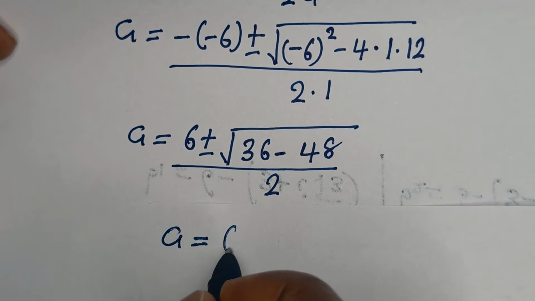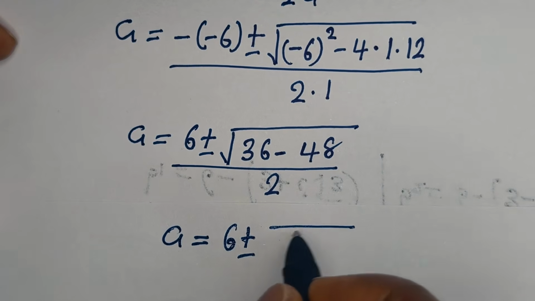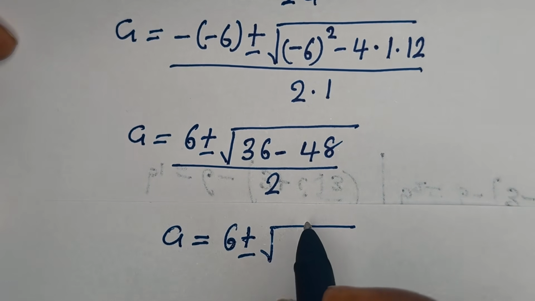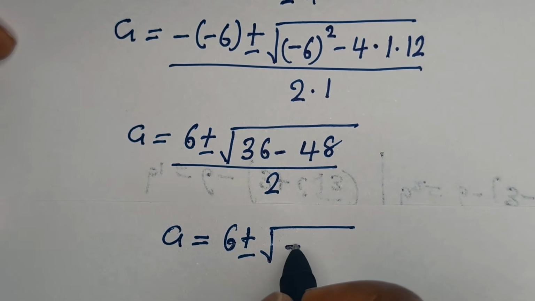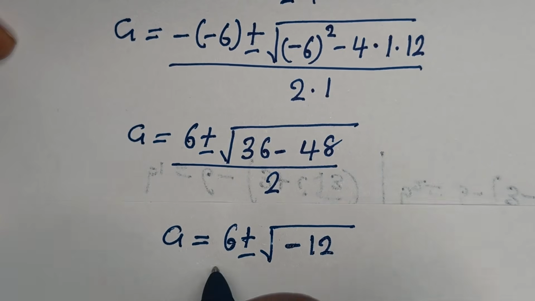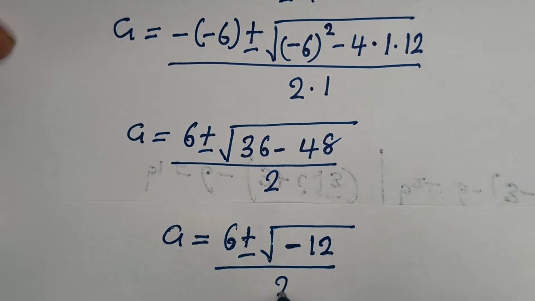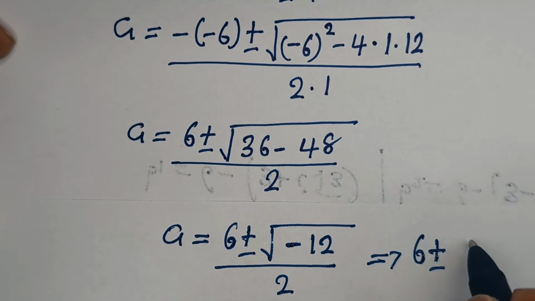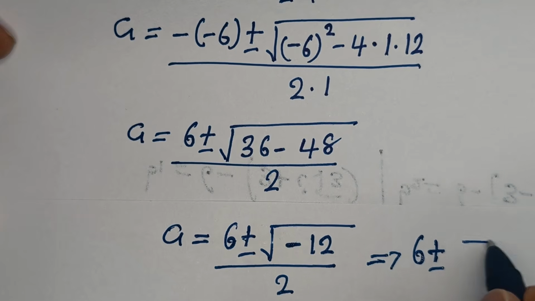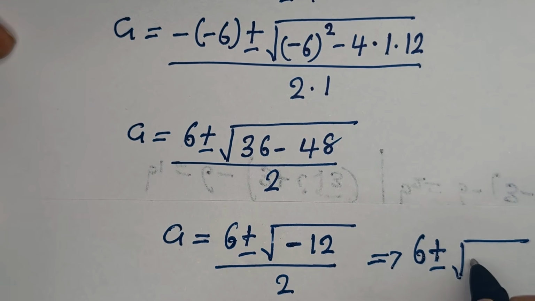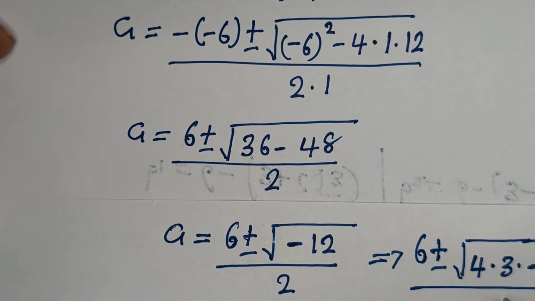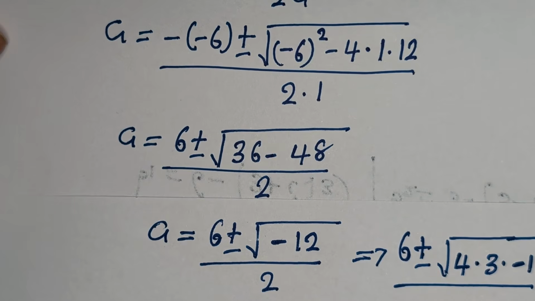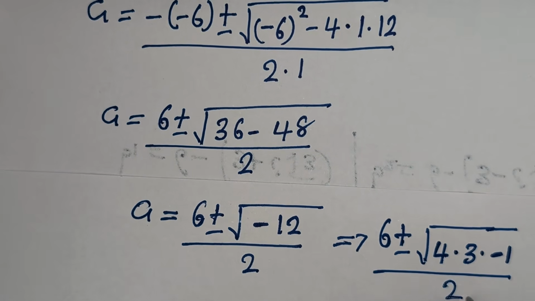A is equal to 6 plus or minus square root of 36 minus 48, that is negative 12, over 2. And this is same thing as 6 plus or minus square root of negative 12, which can be written as square root of 4 multiplied by 3 multiplied by negative 1, over 2.